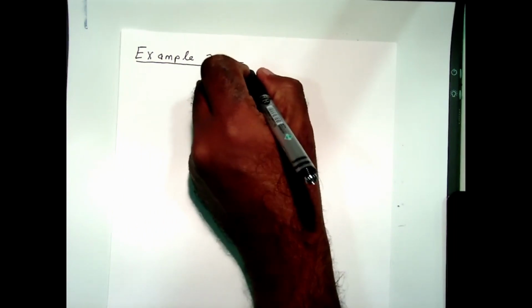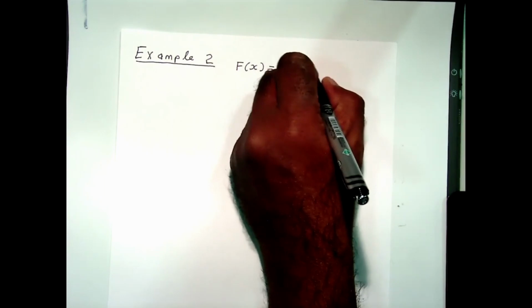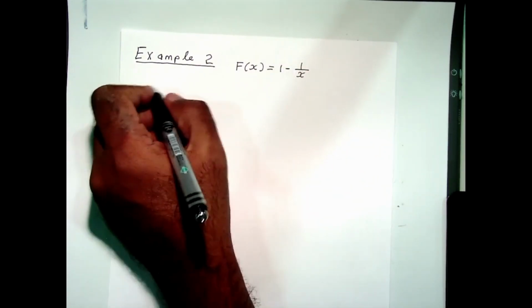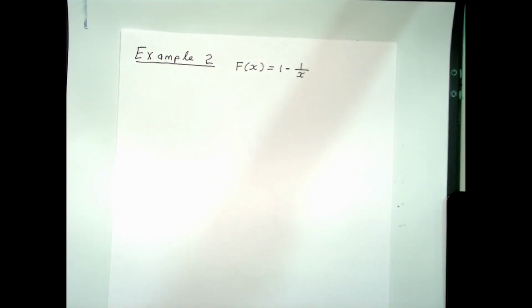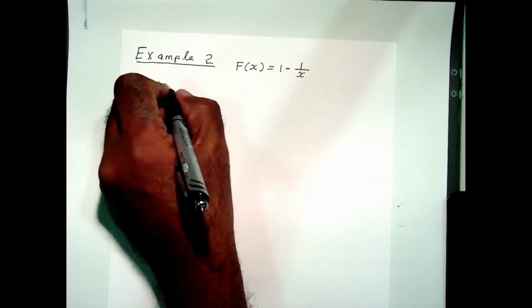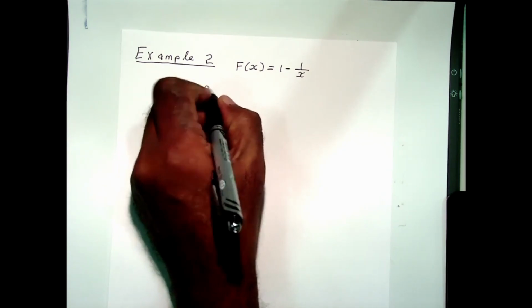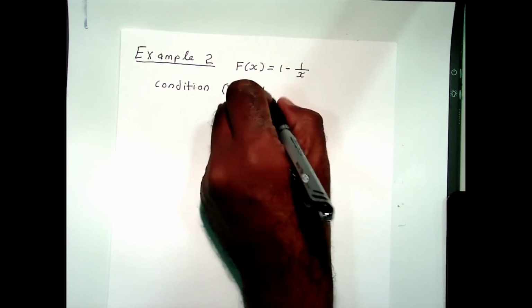So I'm going to choose f of x as 1 minus 1 over x, and we know from the previous videos that for this example condition 2 holds.